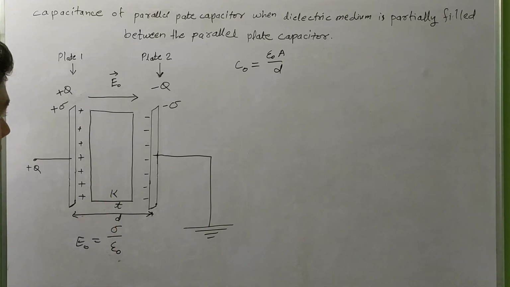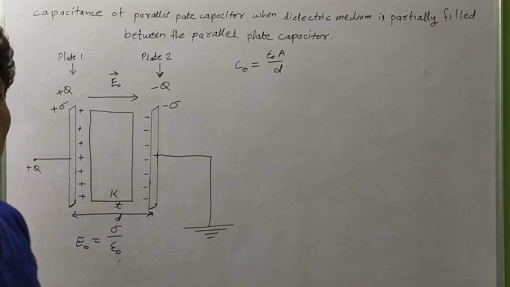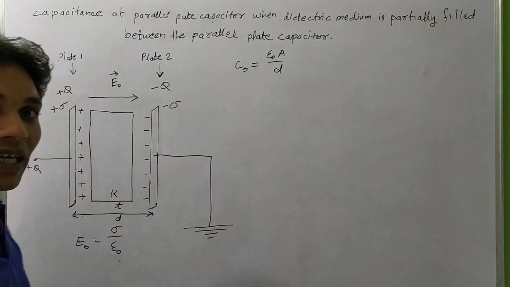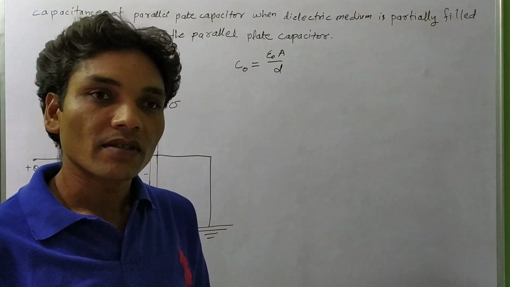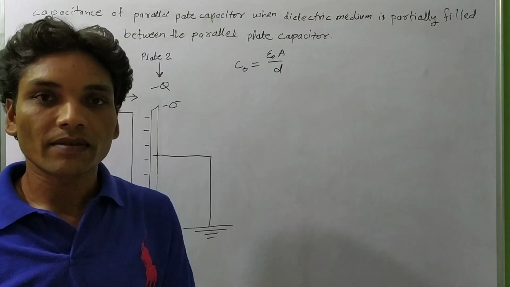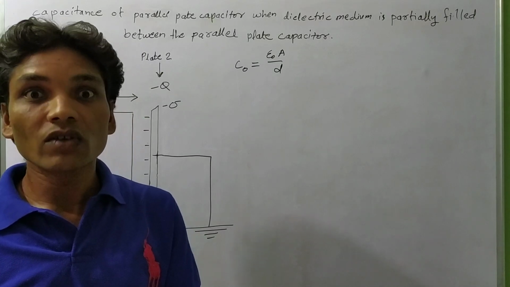Now, about polarization: you know the dielectric material is made of atoms, and atoms have two charge centers, a positive charge center and a negative charge center.